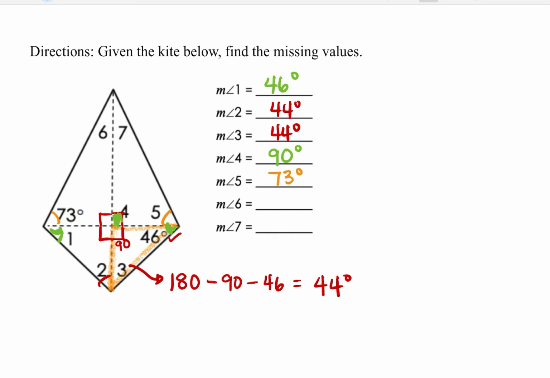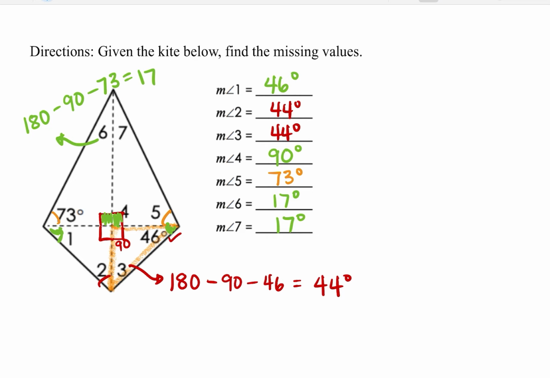We then can find the measure of angle 6 or 7. We take 180 minus 90, which is this angle in the middle, and then minus 73, and we are left with 17. So angle 6 is 17 degrees as well as angle 7.